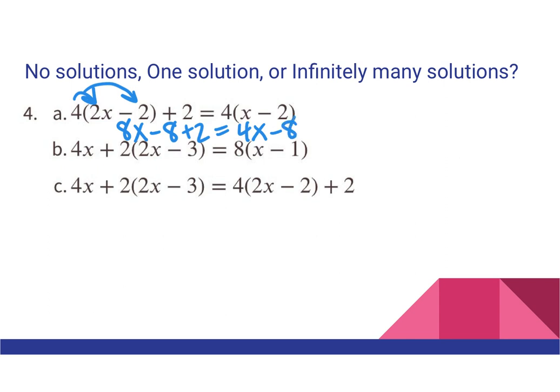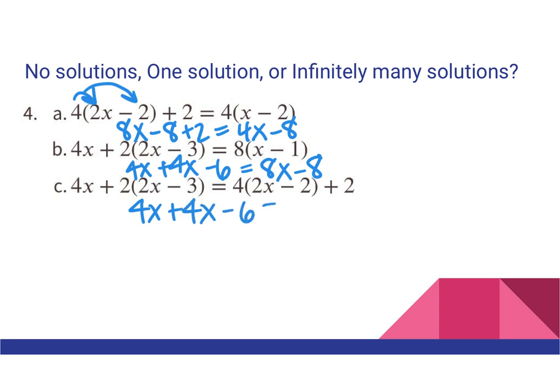Okay. Then for the next one, I have 4x plus 4x minus 6 is equal to 8x minus 8. For the last one, I have 4x plus 4x minus 6 is equal to 8x minus 8 plus 2.